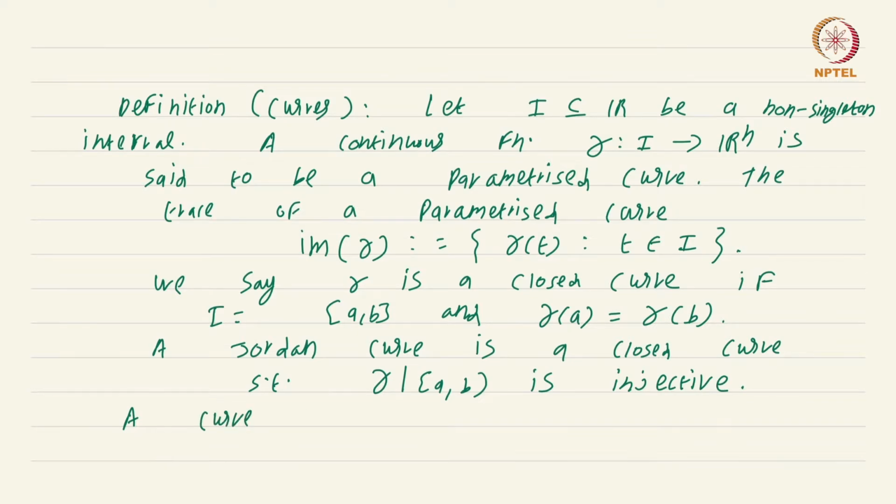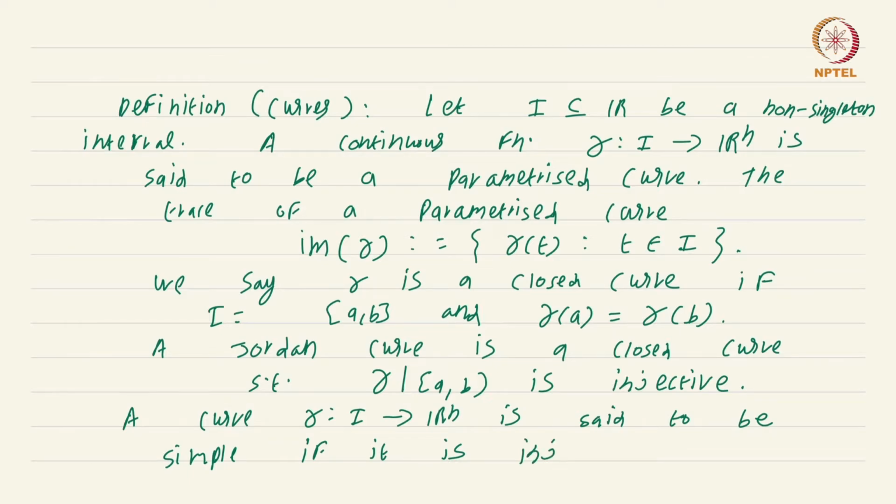A curve gamma from I to R^n is said to be simple if it is injective. So a simple curve is one which has no self intersection, and of course the starting point and the ending point, if there are any, because I could very well be a non-closed interval, cannot be the same.